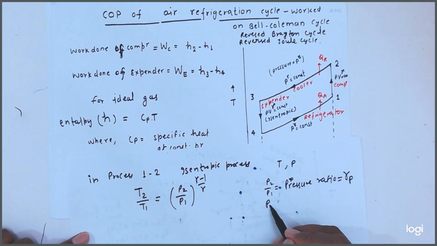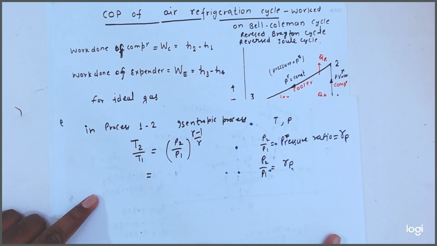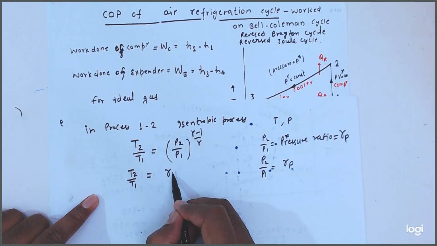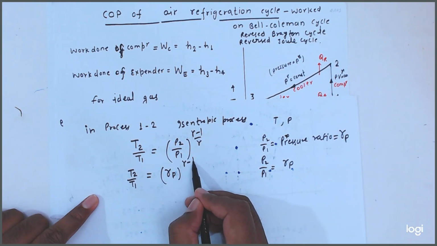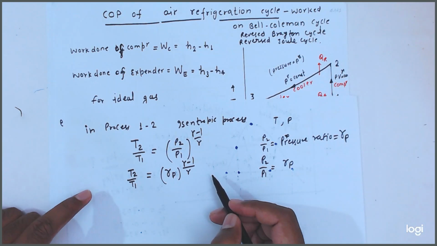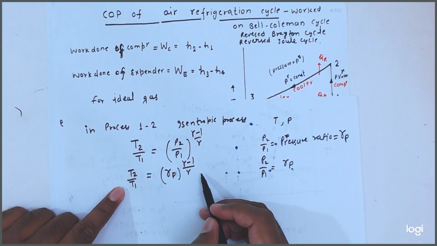So T2 upon T1 equal to rp to the power gamma minus 1 upon gamma. Okay, from here we are able to find one relation.